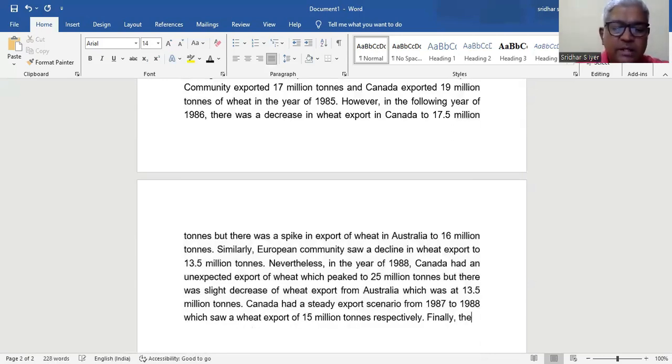the export in European community increased.